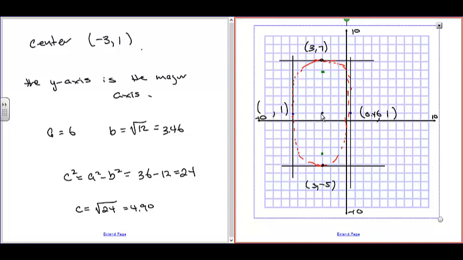So that's negative 3, negative 4, negative 5, negative 6, negative 6.46. Is that right? Because the total should equal twice the, if you double this, 7.92.